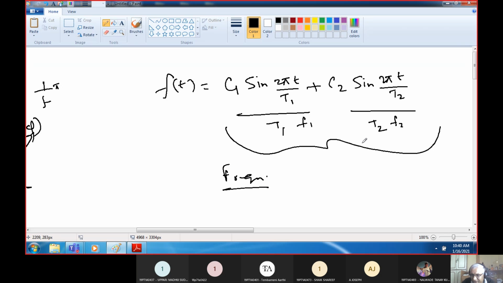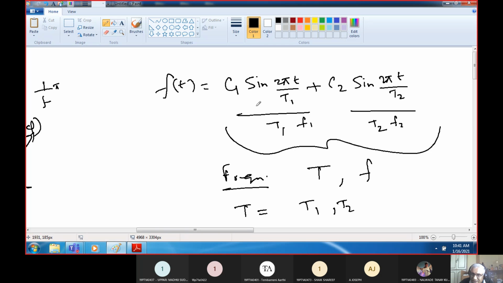Will it repeat periodically? Will there be a periodic repetition of some frequency which we will call as f, and time period as T? If so, what is the relationship between the time period T and this T1 and T2? Because T1 is different from T2, both are not same.